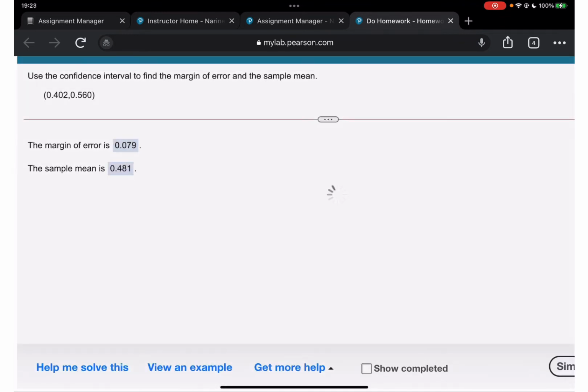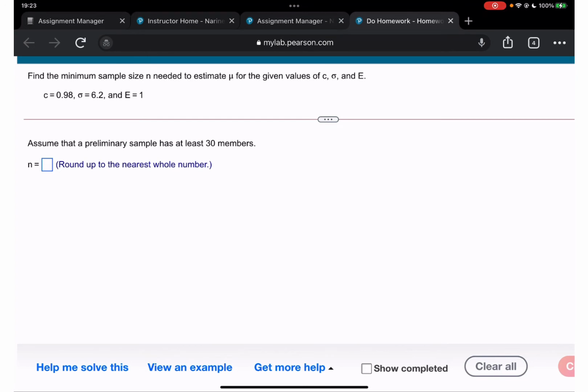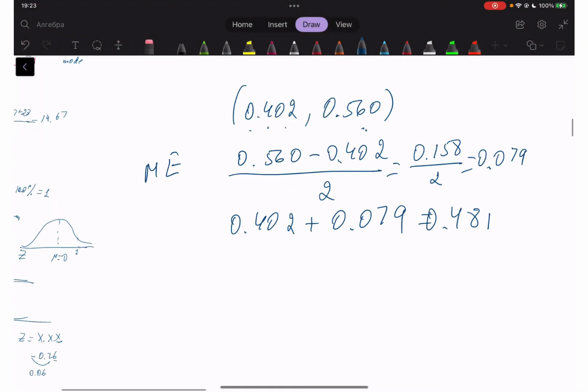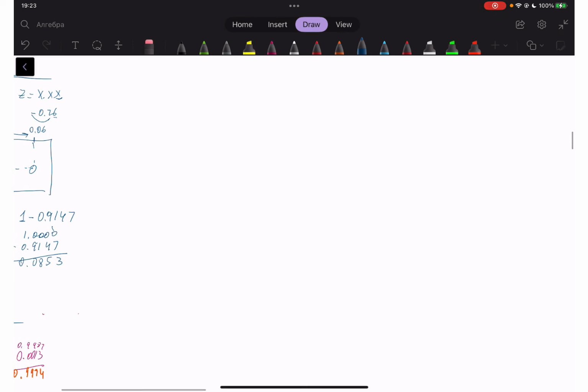Excellent. Moving to question number 6, and we need to find the minimum sample size. Okay, what are we given? Confidence interval 0.98. Let me write down. Confidence interval 0.98.